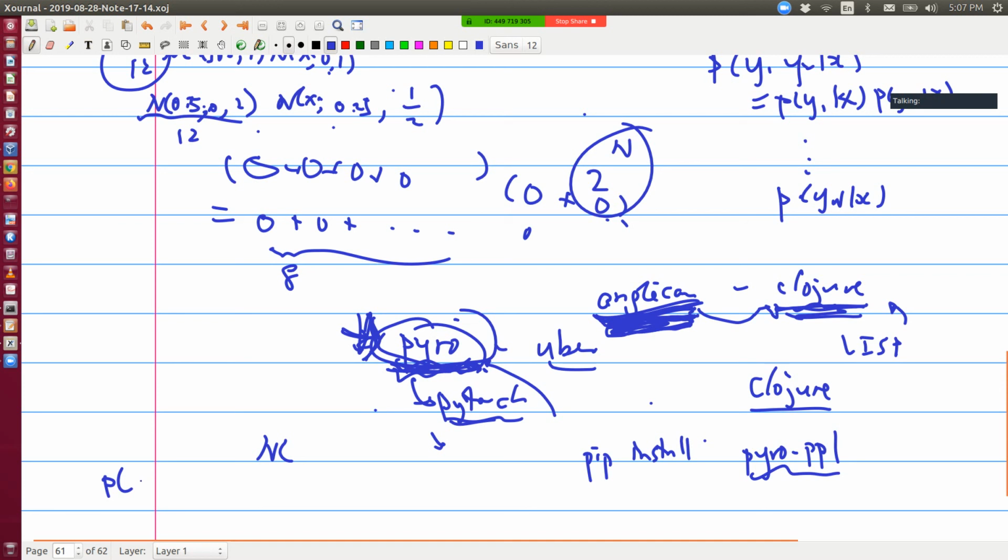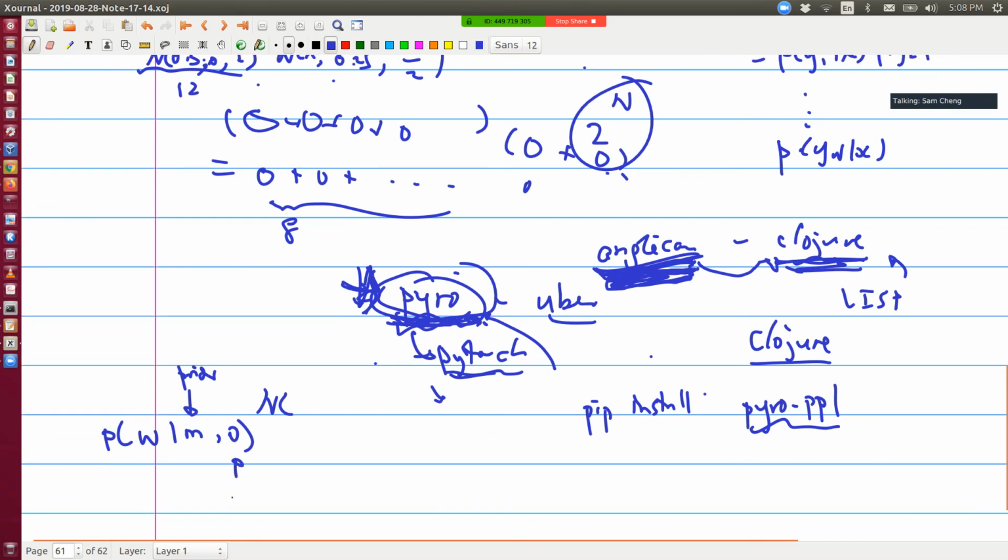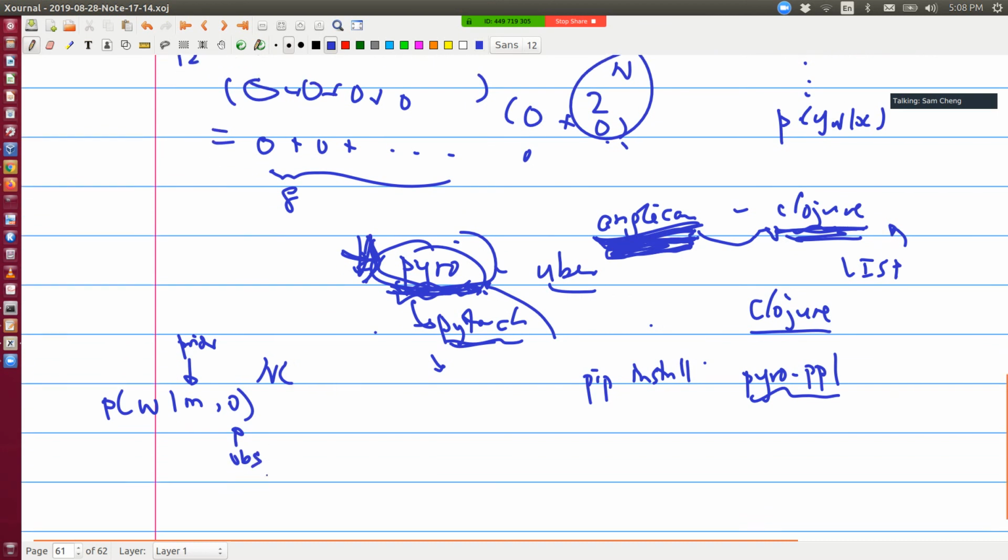Let's say I want to know the true weight, which I'll call W. Let's say I have the mean, which is the guess, the prior, and I have the observation O. Then that's what I want.